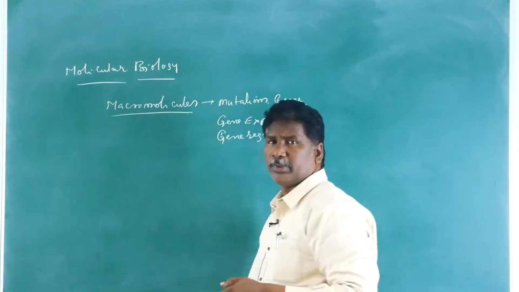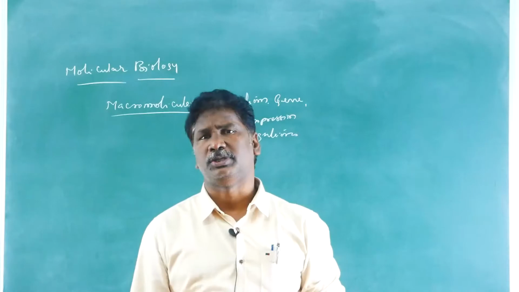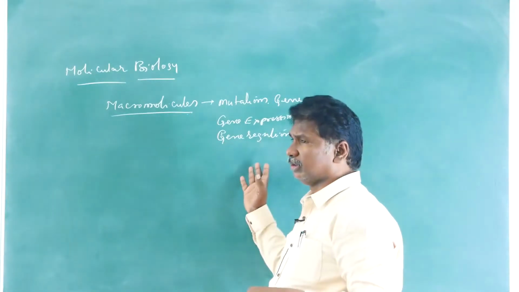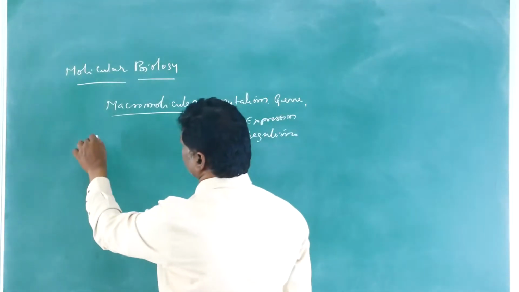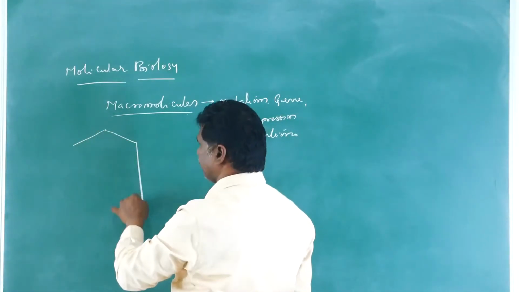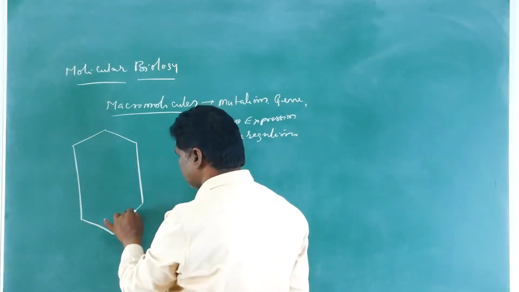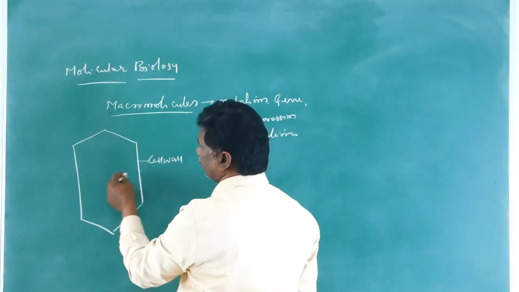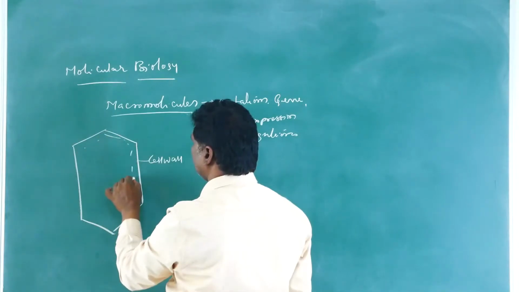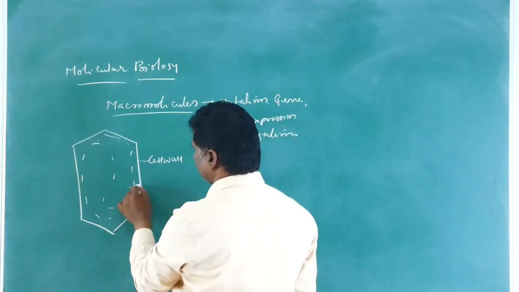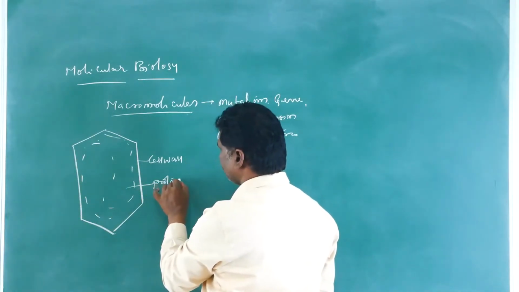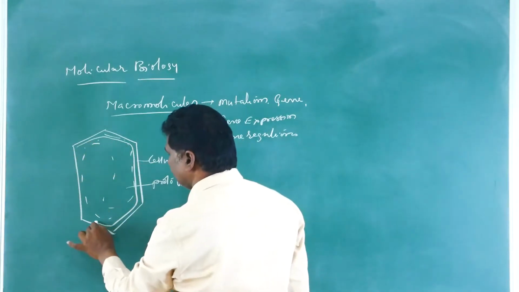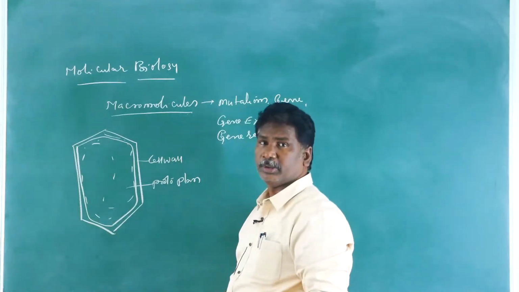So what are the macromolecules? They are mainly present within the genes, gene regulation and mutations. Before going to that, you know the structure of the cell. When we observe a plant cell, it is covered with a hard protective layer called the cell wall. Then comes a fluid called protoplasm, covered with the plasma membrane.